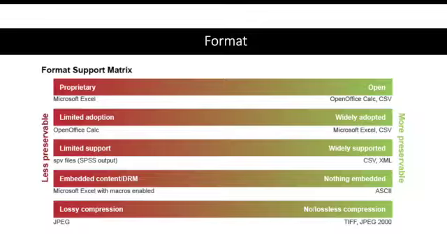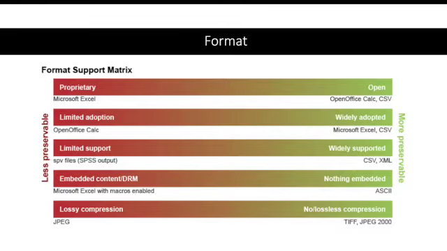So for instance, SPSS outputs can only be read by SPSS, whereas again, CSV files can be read by almost any program that works with data. When you're thinking about compression of images, you might want as low compression as possible. So in general, you want to save your data for the long term in formats that are more preservable, meaning that they're open source, they're widely adopted, have a lot of support, and have less loss or compression and no embedding of content.